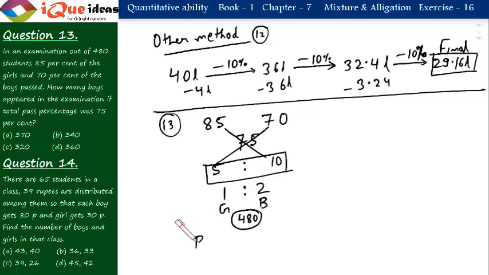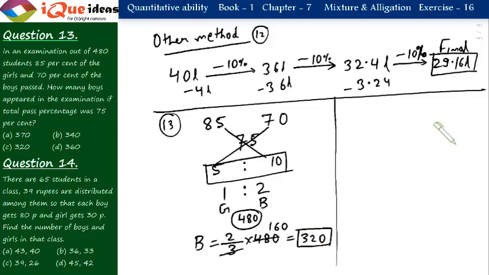The number of boys would be 2 divided by 3 into 480. 3 cancels 480, 160 times 2 will be 320. So the number of boys is 320 in this case.